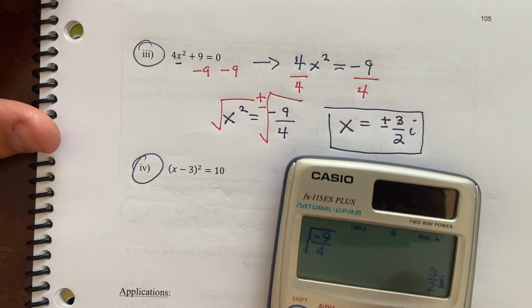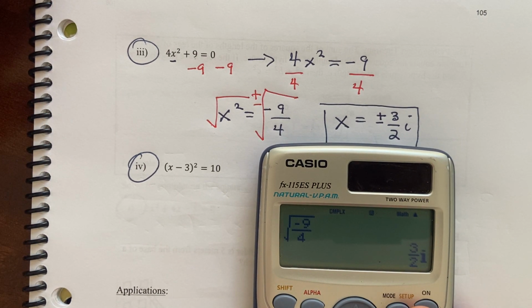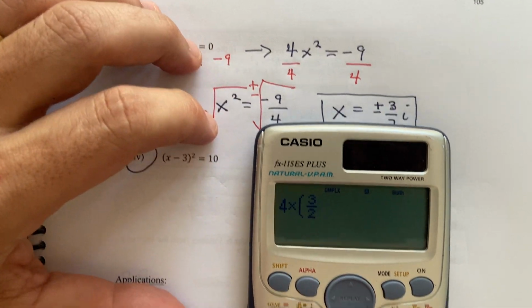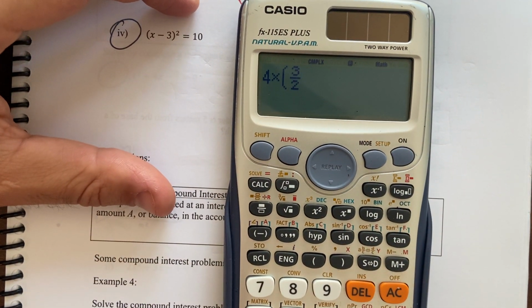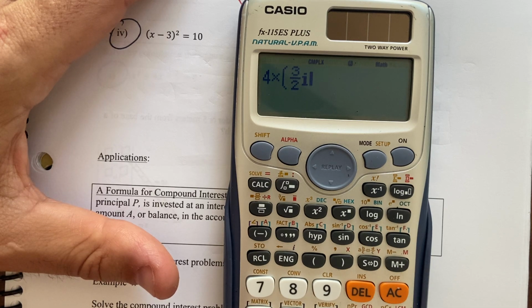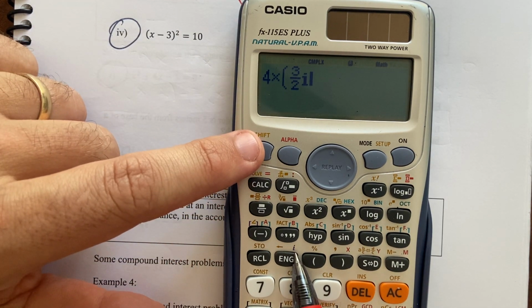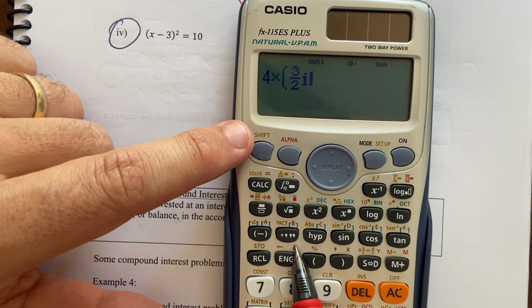You can certainly check your answers, right? So if I do a quick calculator check, so 4 times 3/2, and then to get to a factor of i is right here. So I believe I need to go shift and then that button. It's kind of weird that it's not yellow, but you still go shift ENG to access i.